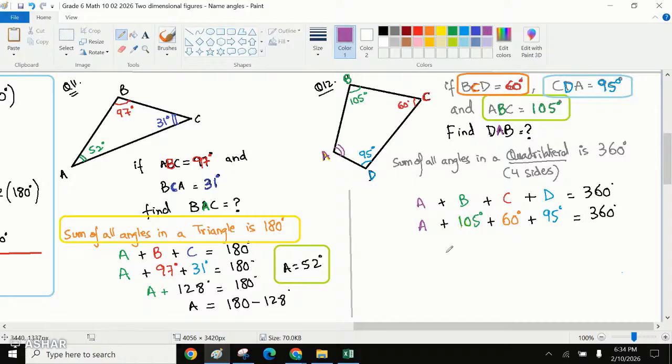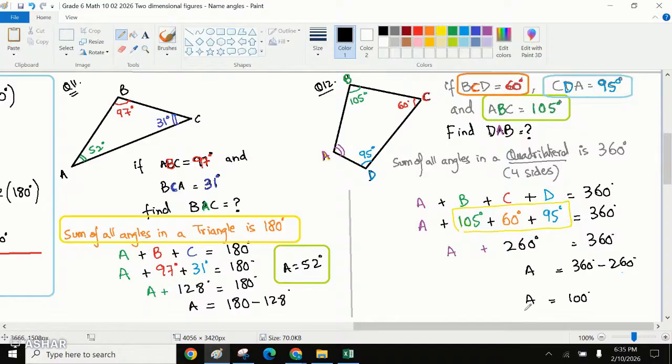We can write this as A plus, we add these three numbers together. 105 plus 95 is 200. 200 plus 60 is 260. Should be equal to 360. And we can say A comes out to be 360 minus 260. And angle A can be written as 100.